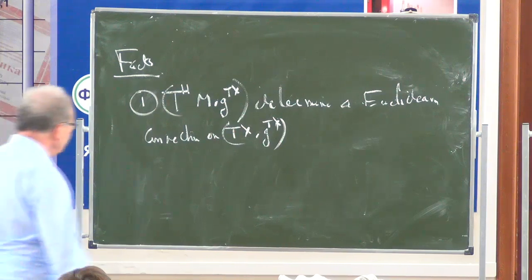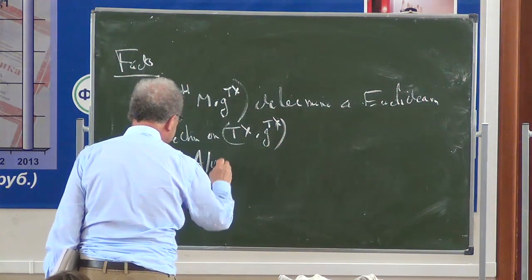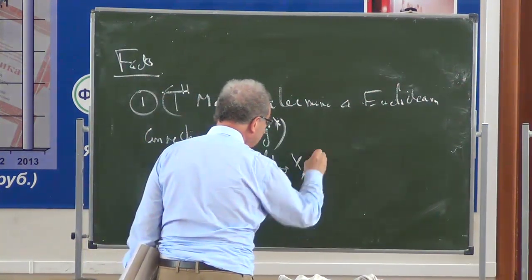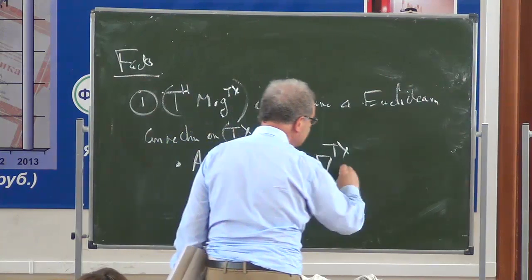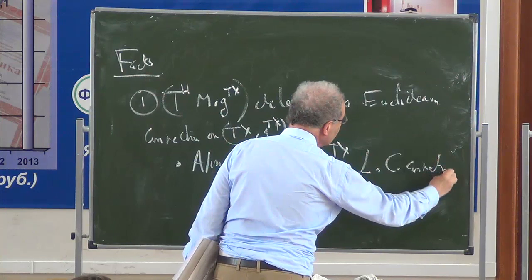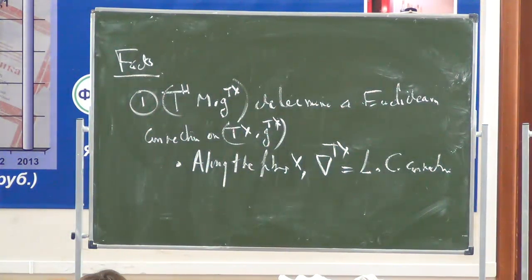This connection has two basic properties. Along the fibers X, nabla^TX is the Levi-Civita connection. What I mean is that if you differentiate a section along the fiber, vertically, you just have the Levi-Civita connection of the fiber. This we know.